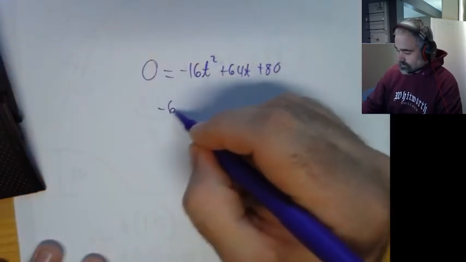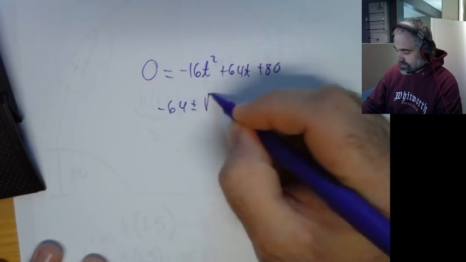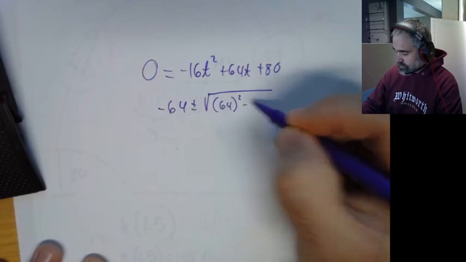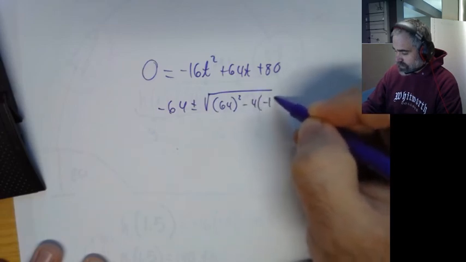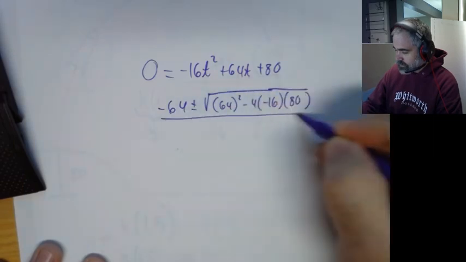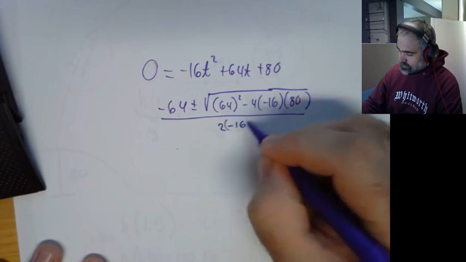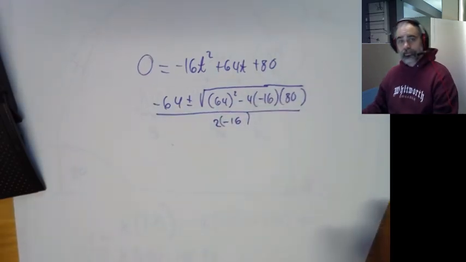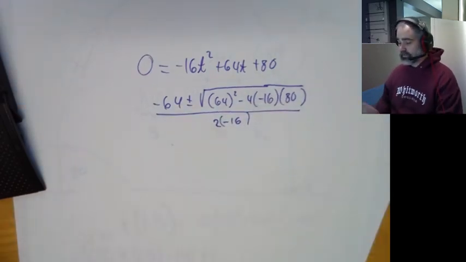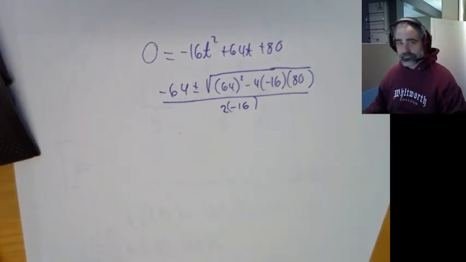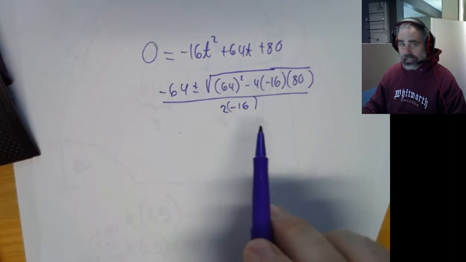So negative 64 plus or minus, because this is b, the square root of 64 squared minus 4 times a times c all over 2a. And this is going to be a huge number at first, but it's going to simplify down really nicely, I think, for you. So let's go ahead and try this.